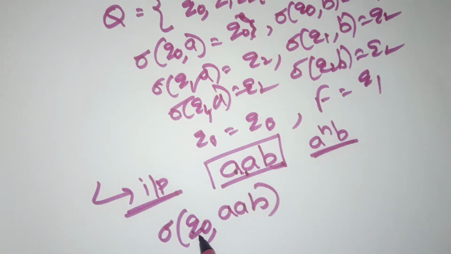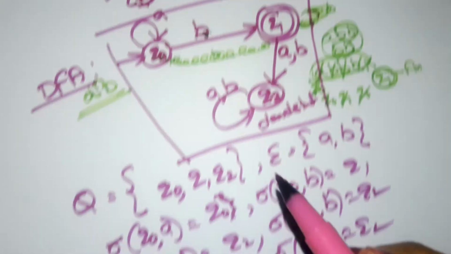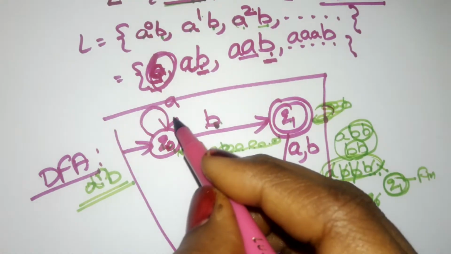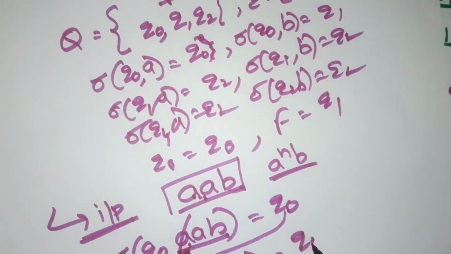So q0 on a goes to q0. Then q0 on the next a again goes to q0.